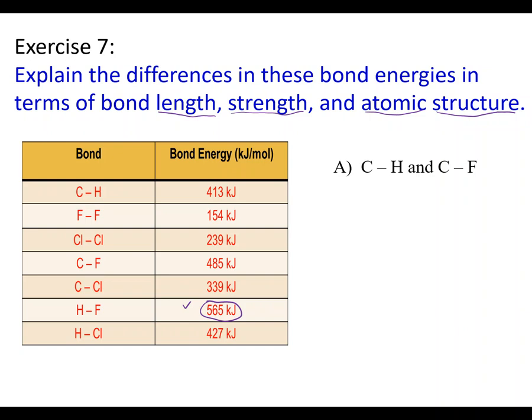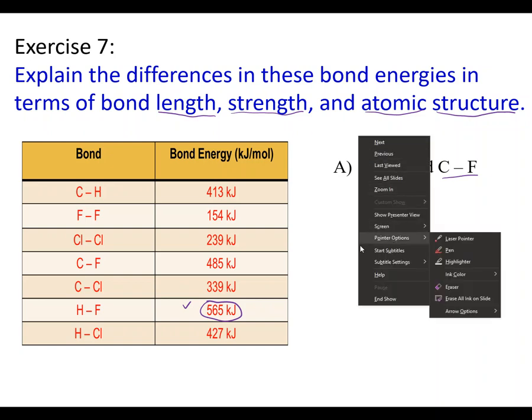Now we can make some comparisons, analyzing these bond energies as to why they are what they are. So let's take a look at C to H, a carbon-hydrogen bond, and C to F, a carbon-fluorine bond. First thing we should do, of course, is look at their numerical values and decide which one is the stronger of the two.